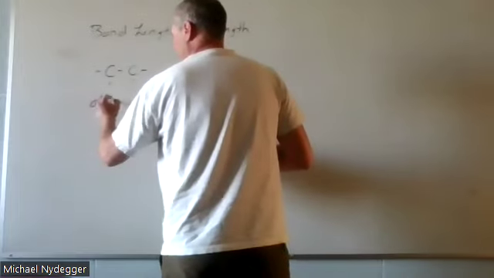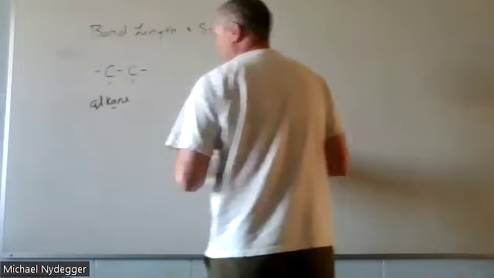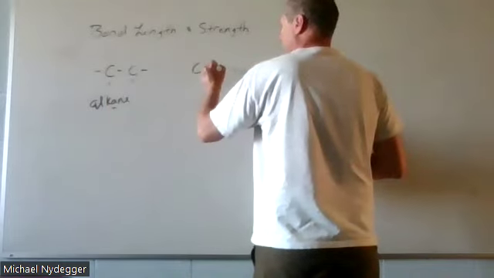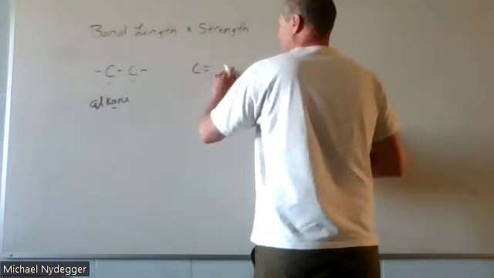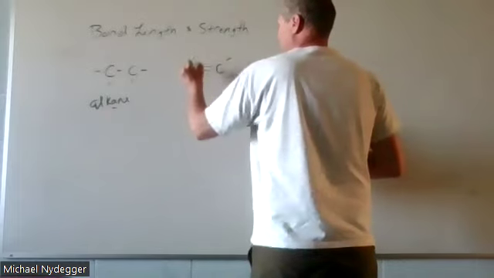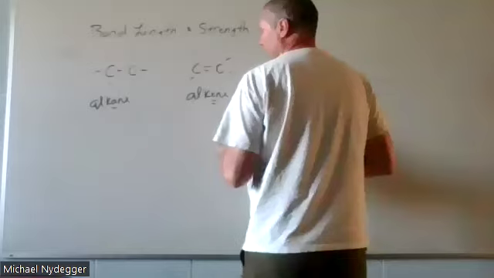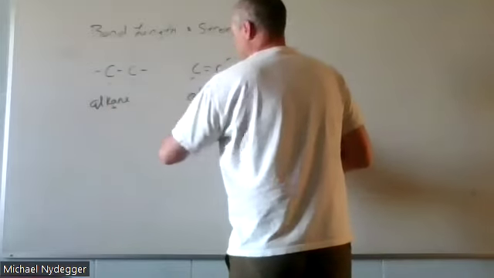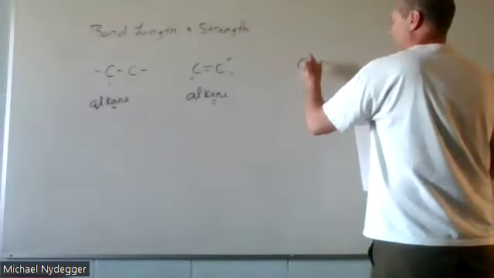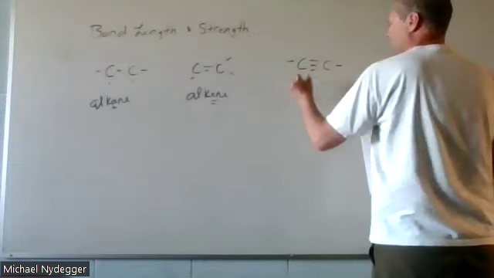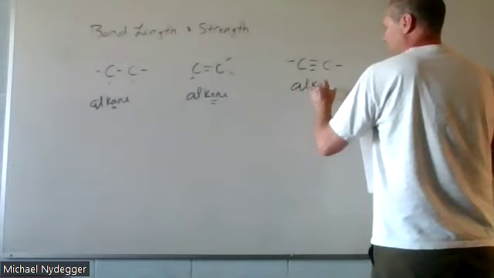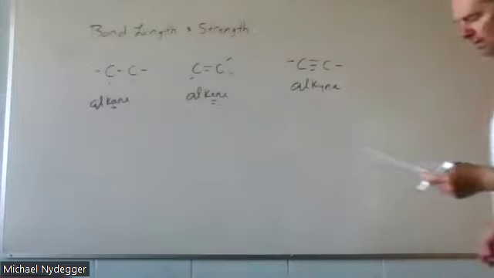This is called an alkane. Okay? This is a double bond. This is called an alkene. And then we have a triple bond. This is called an alkyne.